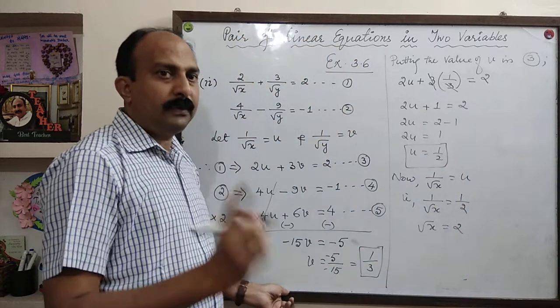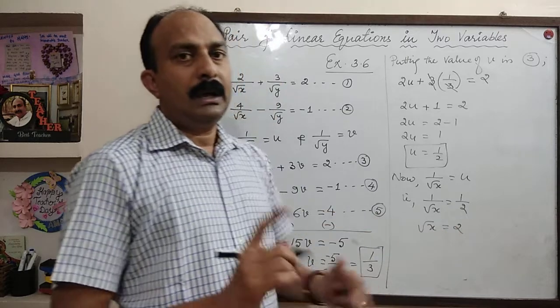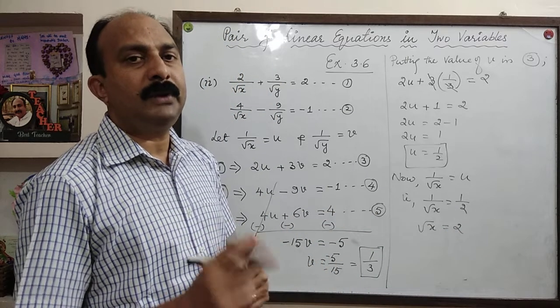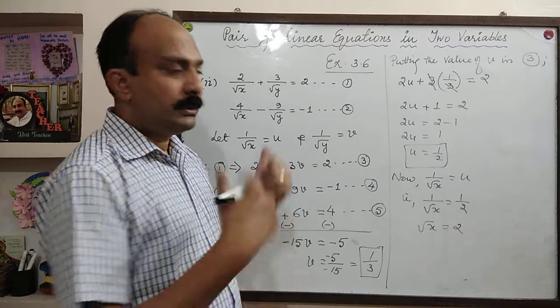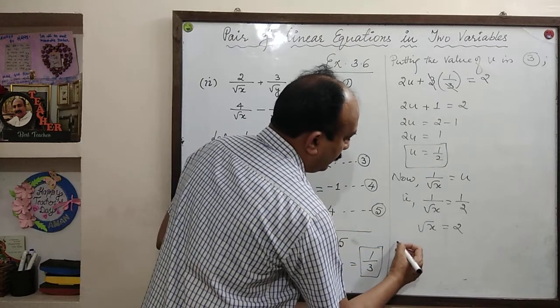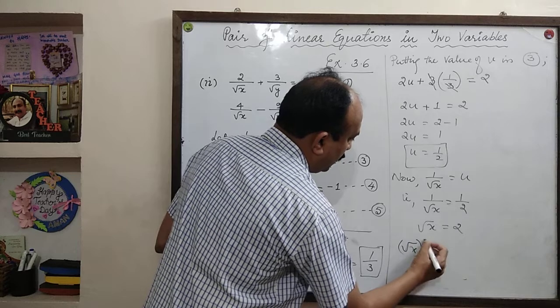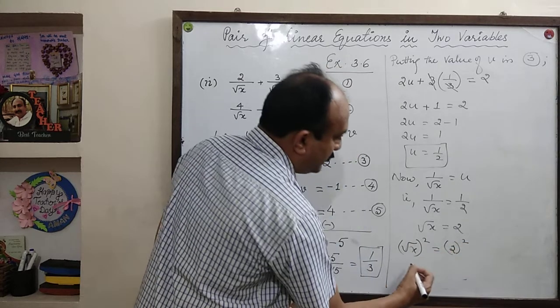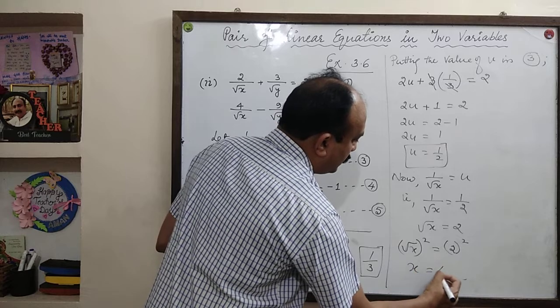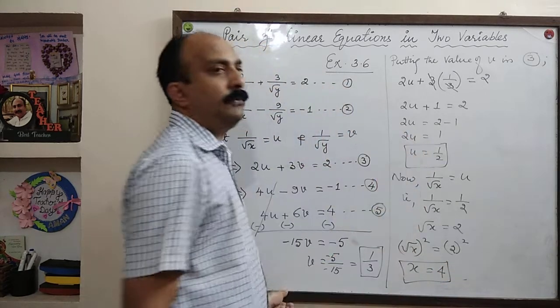The only change from the previous question is that now we got the value of root x. Then how can we get the value of x? By squaring on both sides. Now squaring on both sides, root x the whole square is equal to 2 square. Root x the whole square is x. 2 square is 4. So here we got the value of x.